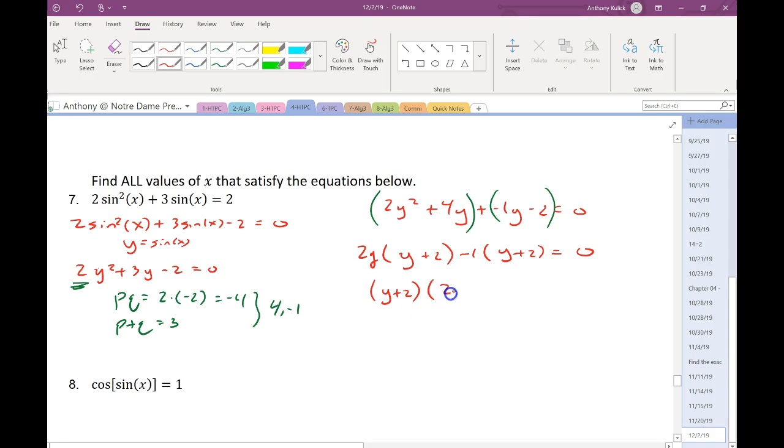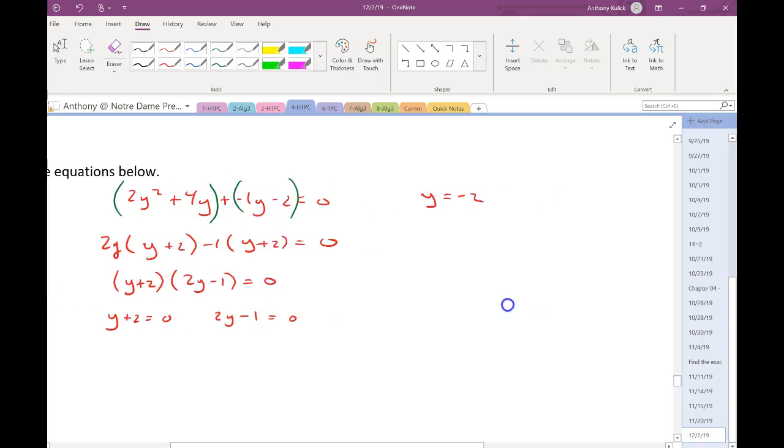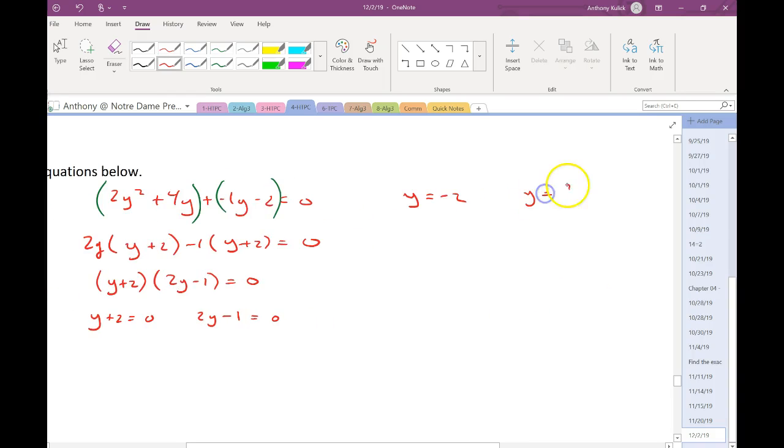When I factor that off, I'm left with 2y minus 1. Then I can set each of these two factors equal to 0 and solve. When I do that, I get y equals negative 2 and y equals 1/2. But I'm not done, because I'm not supposed to be solving for y, I'm supposed to be solving for x.